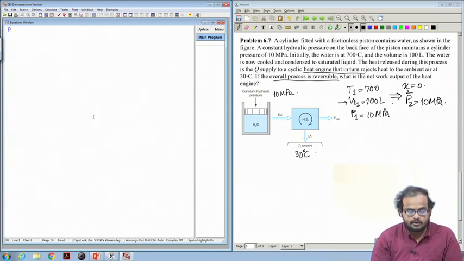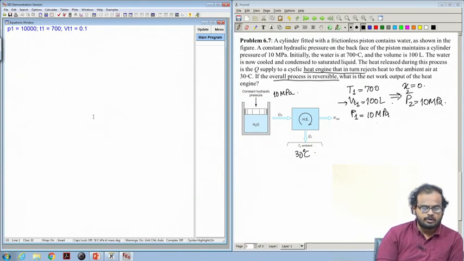So we have P1 is equal to 10 megapascal, T1 is equal to 700 degrees Celsius, and VT1 is equal to 100 liters, so it is basically 0.1 meter cube.